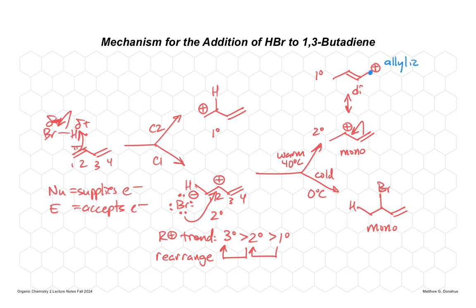At warmer temperatures, the bromine is actually going to trap at that position, which is going to lead to the 1,4 product. So mono was 1,2, and di is 1,4.